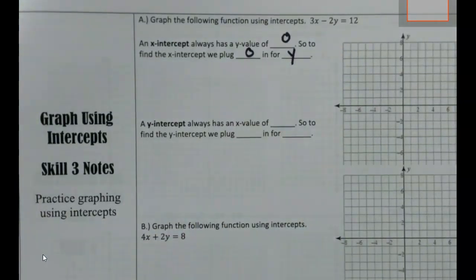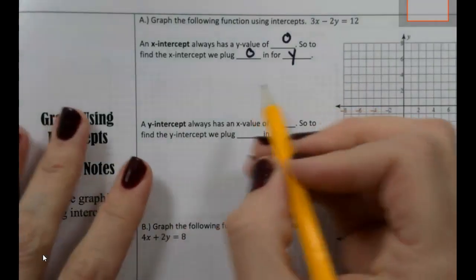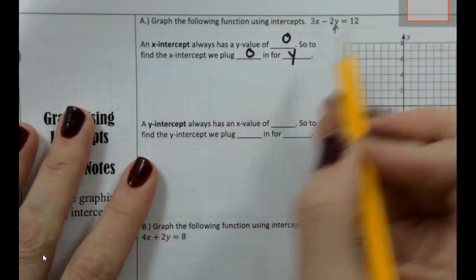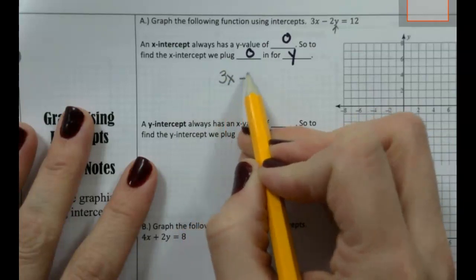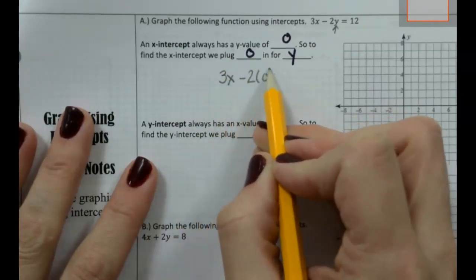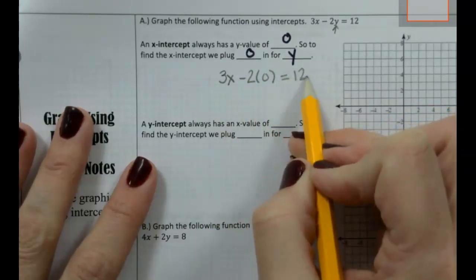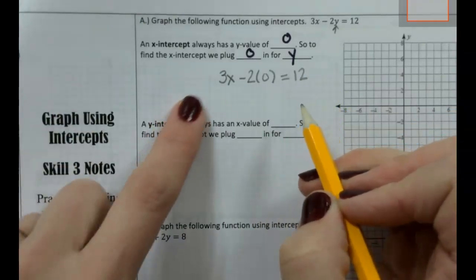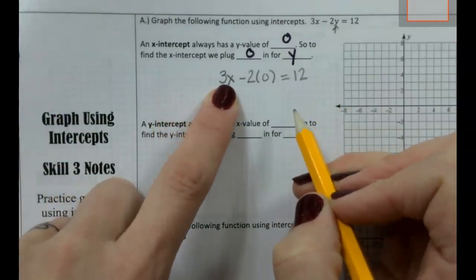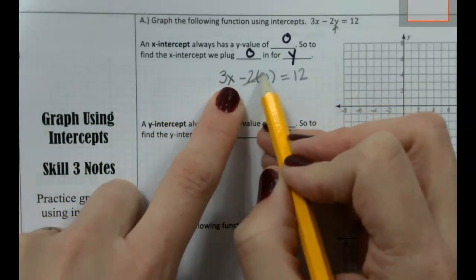Okay, so we're plugging this right in, just like we did when we were doing tables, just like we did when we were doing standard 9, plugging into a function. So 0 is going to go right here where the y is. So 3x minus 2 times 0 equals 12. 3x stays 3x, but -2 times 0 actually cancels out of the equation.